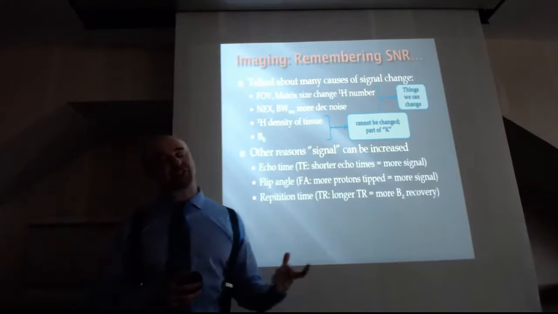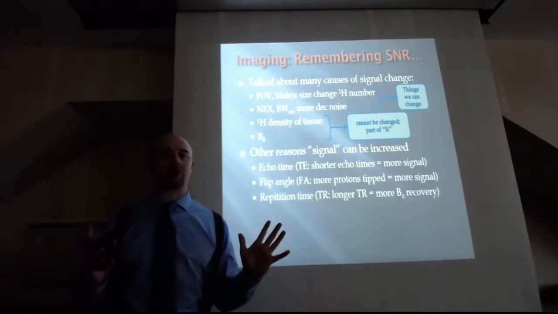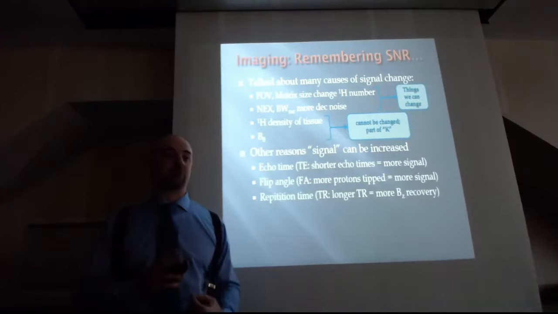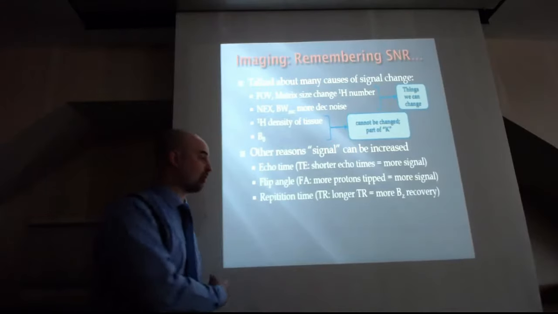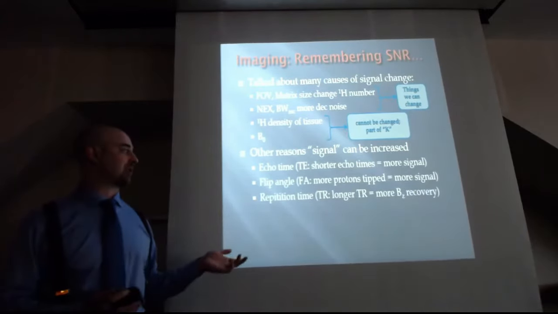Repetition time also affects your signal to noise ratio, because the longer TR you wait, the more tissues will recover between experiments. And the more longitudinal magnetization recovers, the more you will subsequently put into the XY plane with subsequent RF pulses.